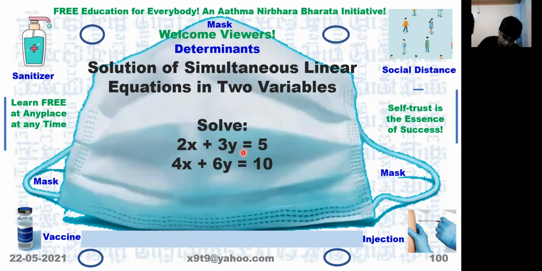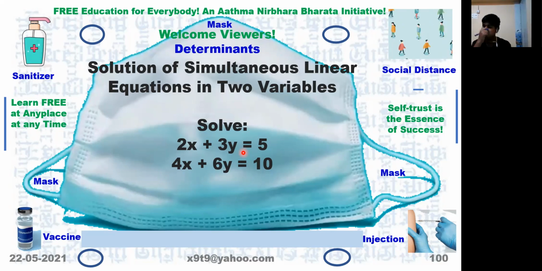Determinate means you can find the value. Indeterminate means the value we cannot find. So 0 divided by 0 is called indeterminate. That means x value is indeterminate. What about y?